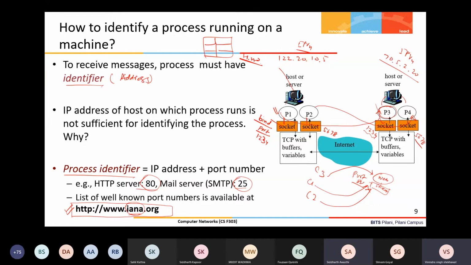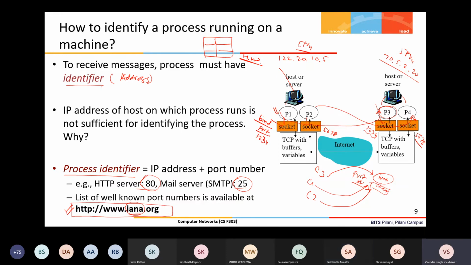Sir, my question was, now we can only run a single web process, right? Because we only have one port. No, you can have a multi-thread server also. You know the thread concept. It will not create any problem.